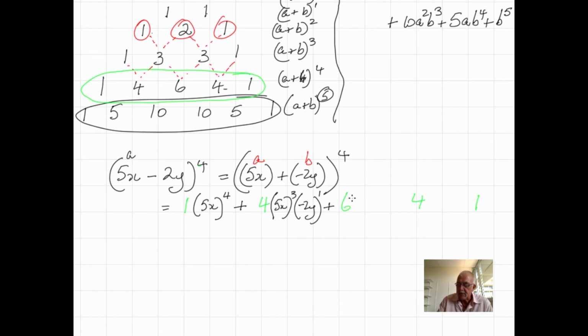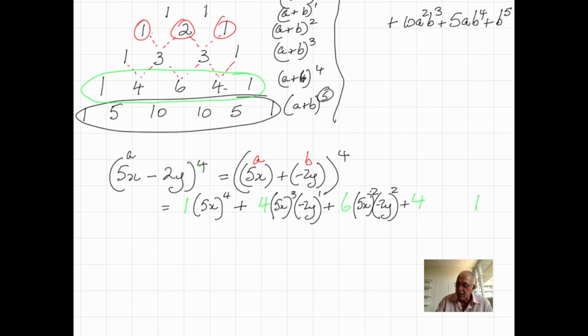Plus 6. The first will go down by 1 power, so it'll be 5x to the power of 2. And these will go up by 1 power, so it'll be minus 2y to the power of 2, plus 4.